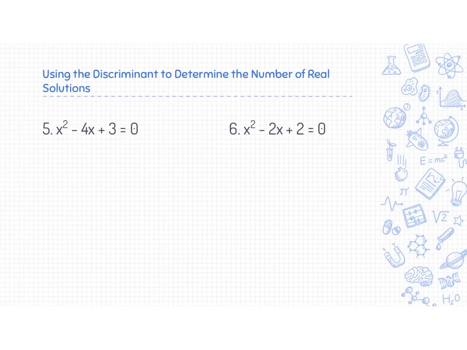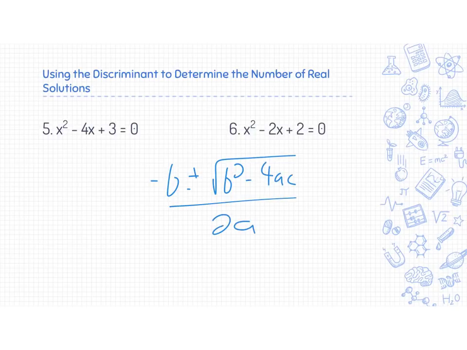And there is the quadratic formula and a nice little song. Alright, so actually using some of this. So first use is the discriminant to determine the number of real solutions. Now the discriminant, when we go back to our formula, was negative b plus or minus radical b squared minus 4ac all over 2a.